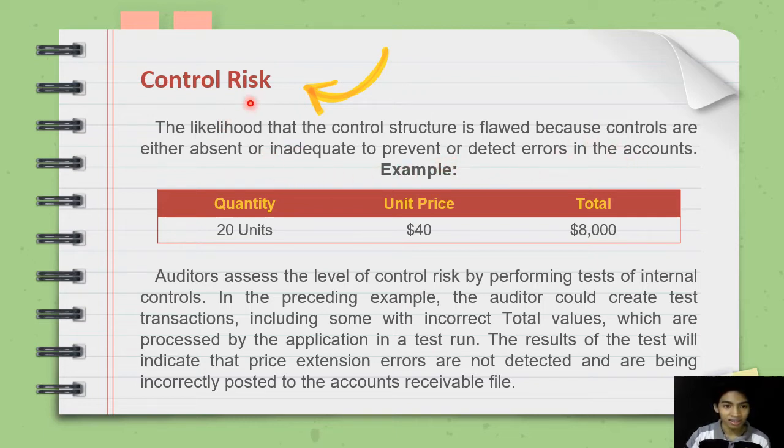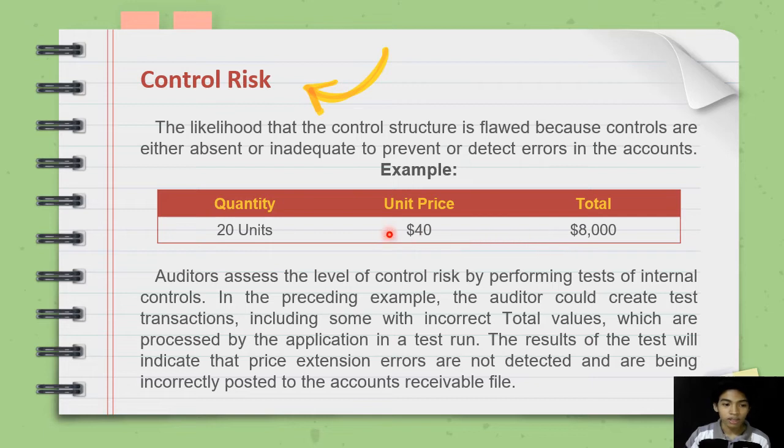To illustrate this control risk, let's consider the following partial customer sales record, which is processed by the sales order system. We have here the quantity, which is 20 units, unit price $40, and the total amount or value $8,000. Assuming that the quantity and unit price fields in the record are correctly presented, the extended amount or the total value of $8,000 is in error.